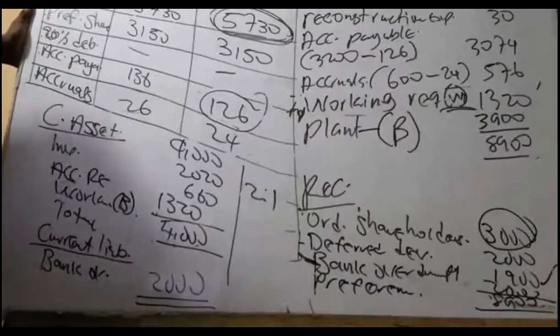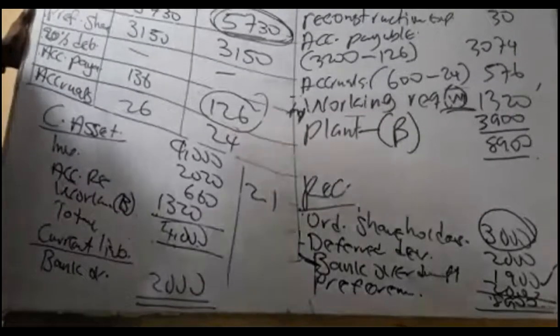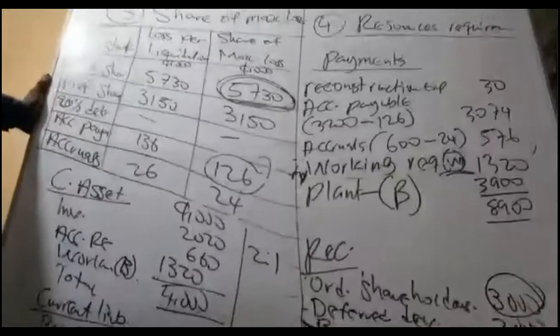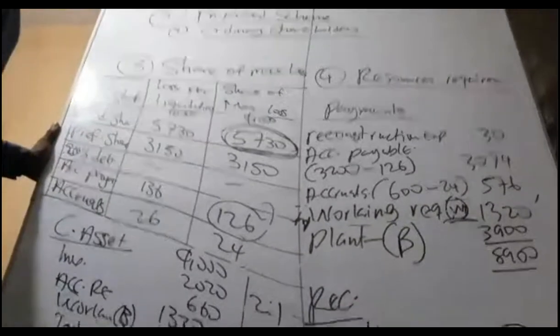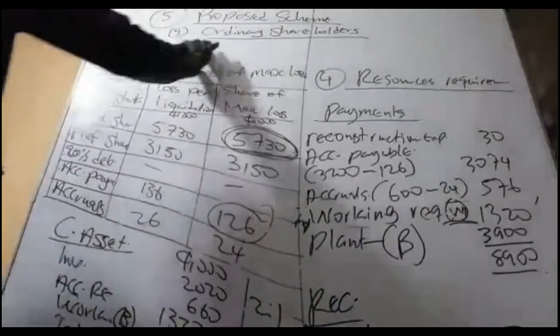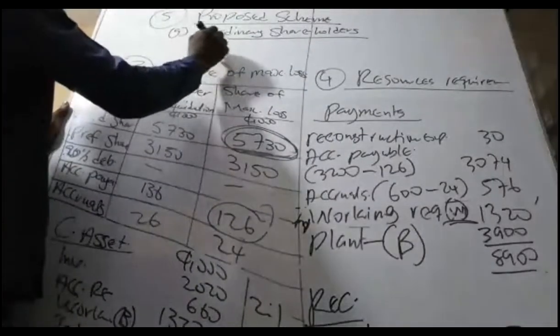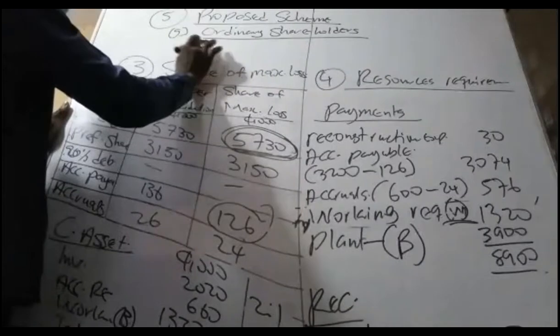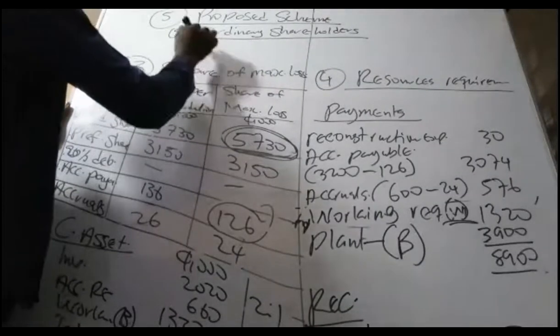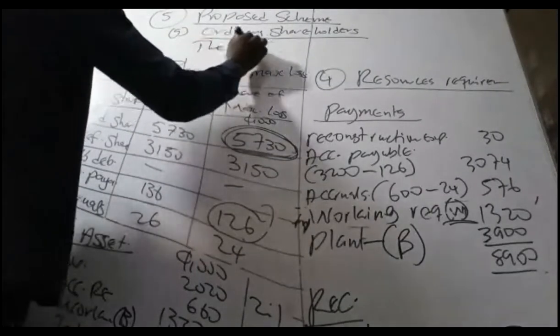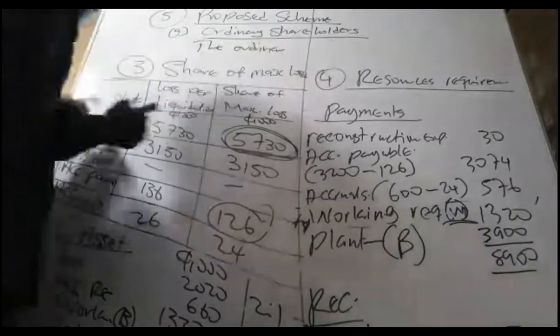So first, let's start the examiners. Let's go to the top there. So I write it there nicely. So right after the ordinary shareholders, I write the ordinary shareholders.